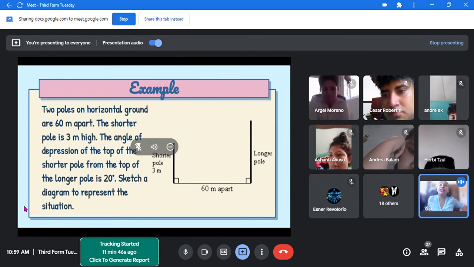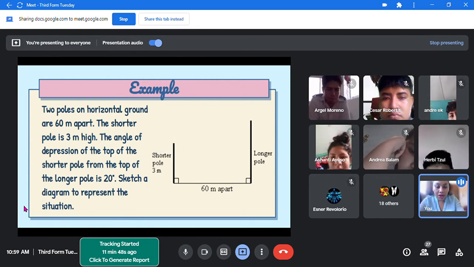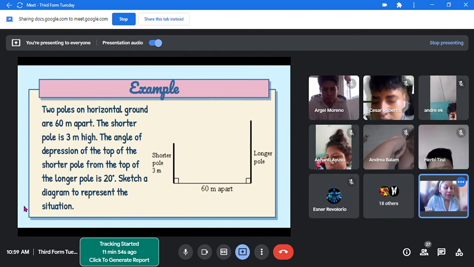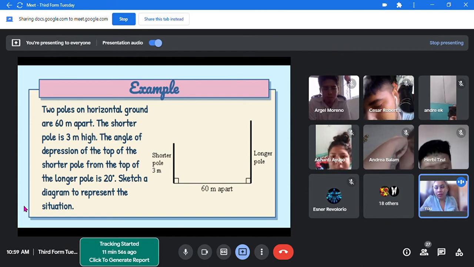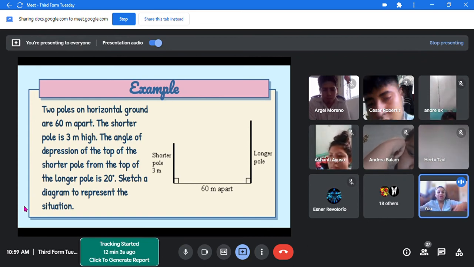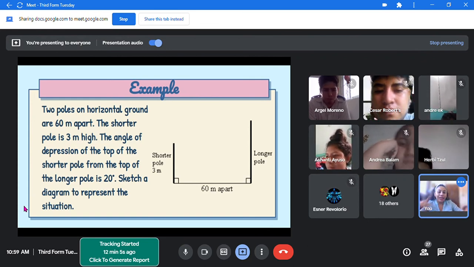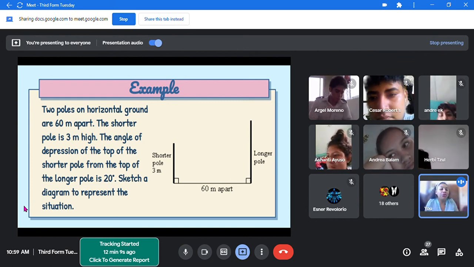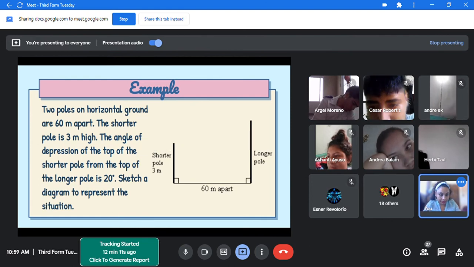That means that I am looking down at something. So where am I? I am on the taller one, right? Because if I'm on the shorter one and I look down, of course I'm not going to look at the top of the other one. I'm going to look at the bottom of the other one. So I am on top of the longer pole and I am looking down at the shorter pole so that I can create an angle of depression.